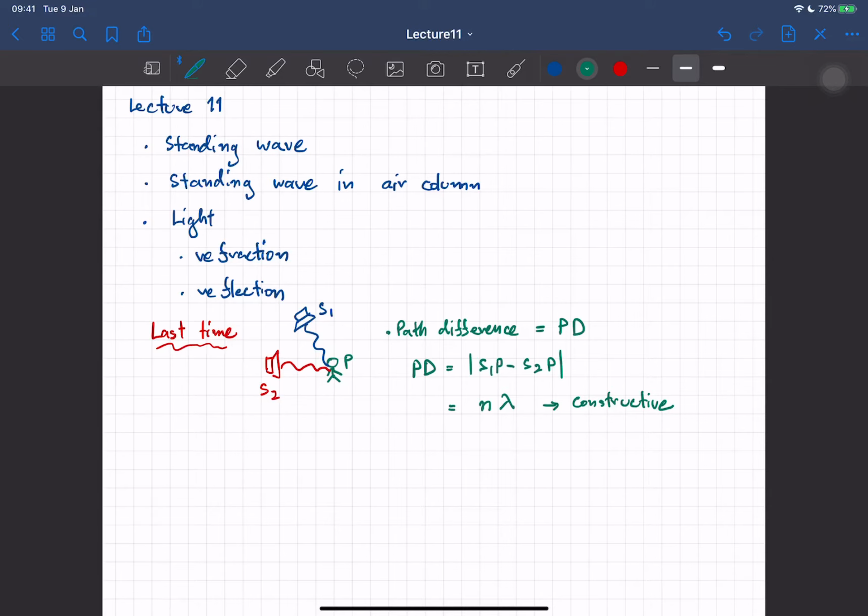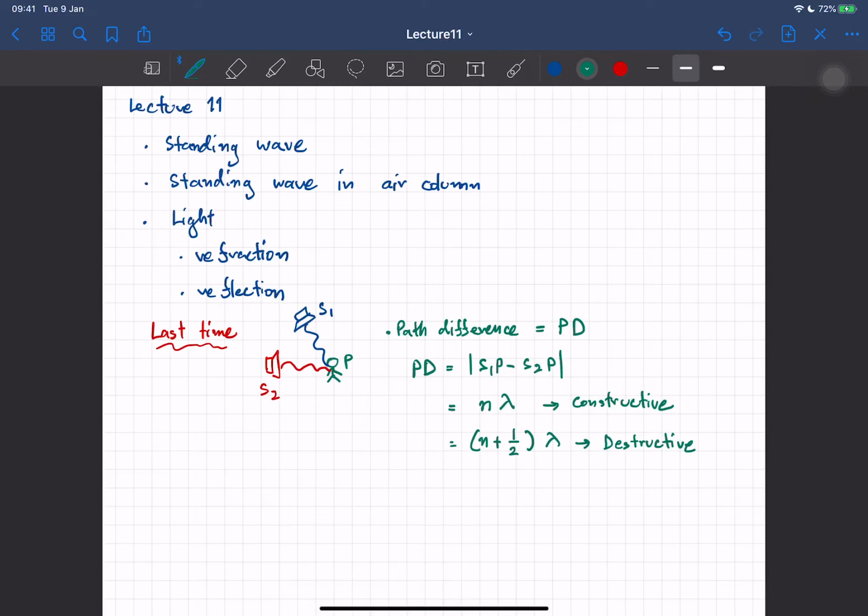So you're gonna hear a sound which is louder. But if it's equal to a half integer, so n plus 1/2 lambda, then the two waves are gonna cancel each other out all the time. So this is what we call destructive interference.